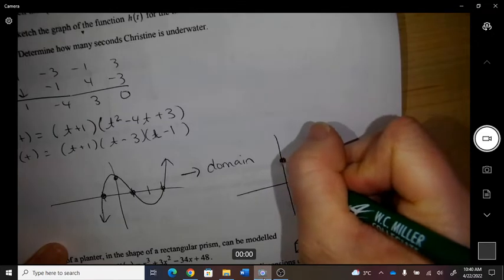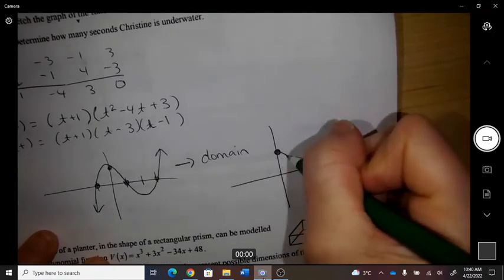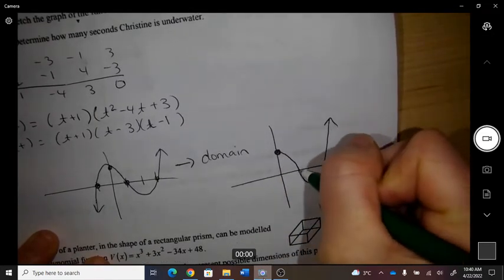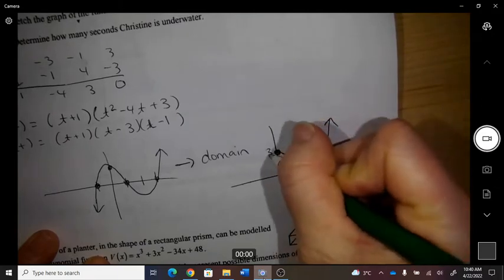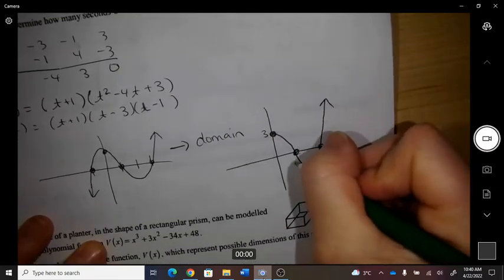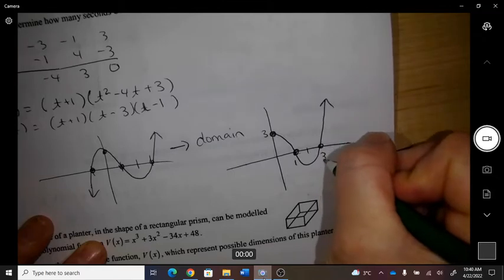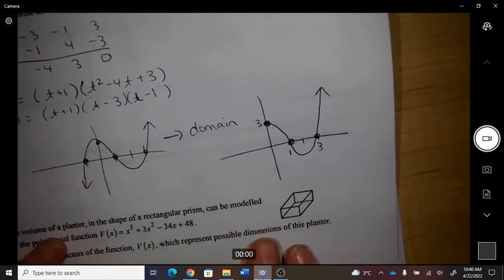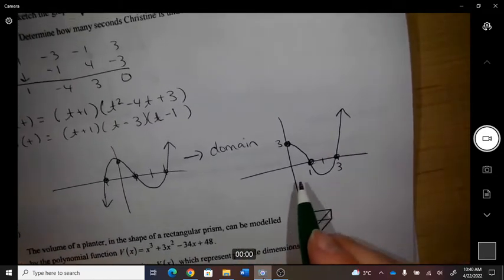So we're only going to start there. So the height is 3 on that one, the x value is 1, the x value here is 3. Okay, so now that's all I want.